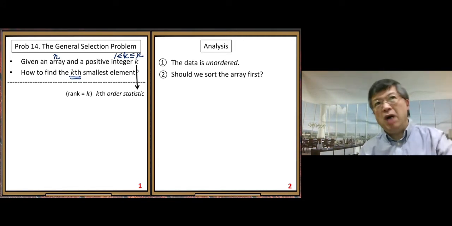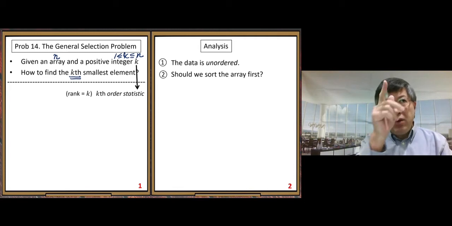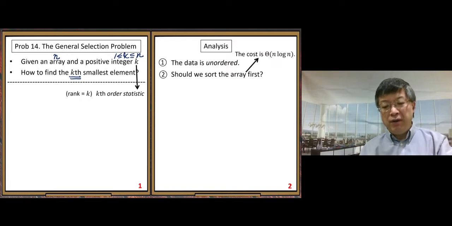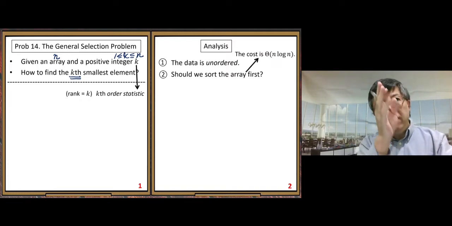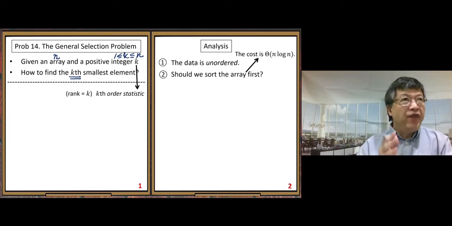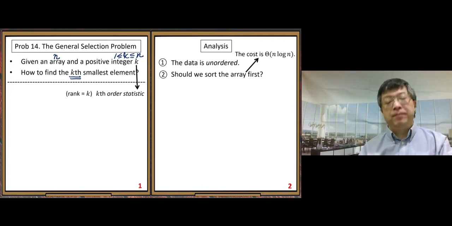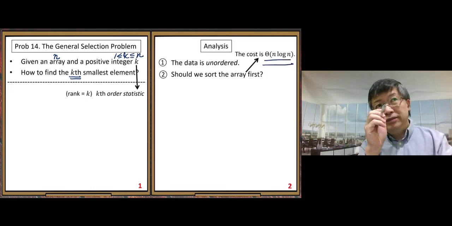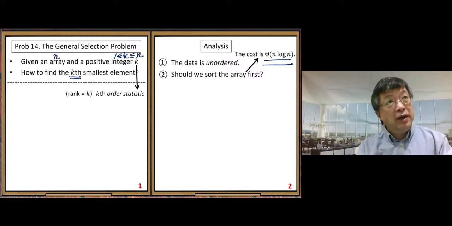But there is a problem. Let me give you the main reason. It's not a good idea to sort it first, because if you sort it first, the sorting cost is big theta of n log n. Why is that? The worst case, average case, or both? Actually, this is the average case and sometimes the worst case.